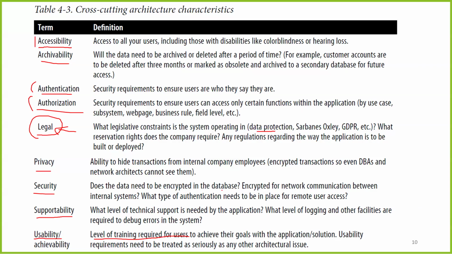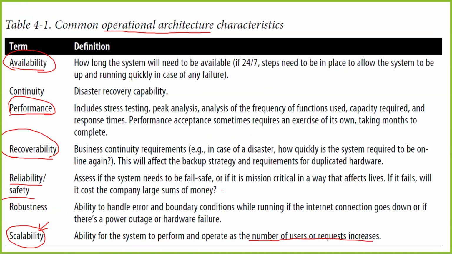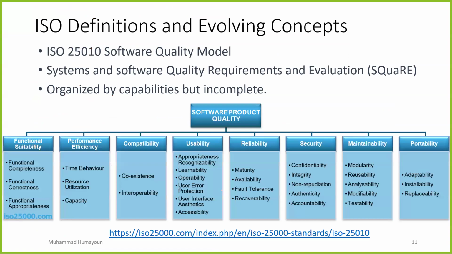And so, these are the categorizations your course book does. And then in ISO definitions, they categorize these quality attributes like this. They say that a system should have some kind of functional suitability. And in functional suitability, they talked about functional completeness, functional correctness, and functional appropriateness.